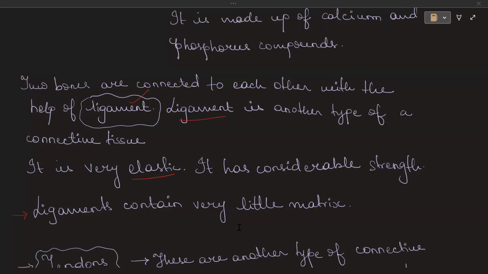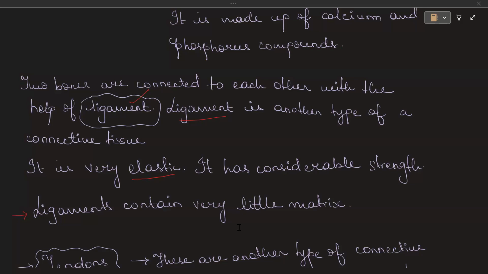Tell me. Ligament. Ligament is that tissue, isn't it? Okay. Pay attention. So ligament is a connective tissue which will actually connect two bones together. Bone is also a connective tissue and ligament is also a connective tissue.